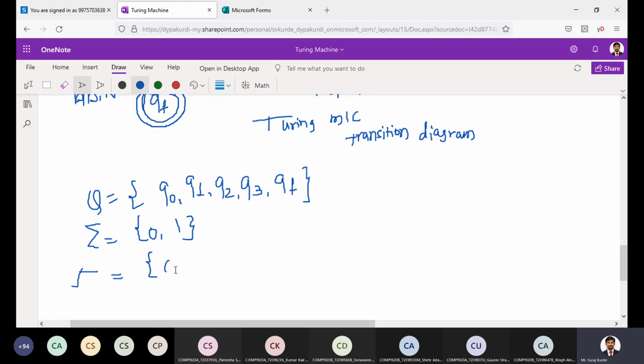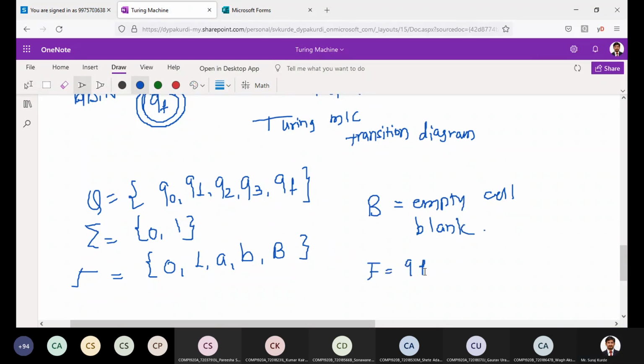Tape symbols 0, 1, A, B, and blank. Blank is also part of the tape symbols. What does this capital B denote? An empty cell or blank. Then the final state Qf.